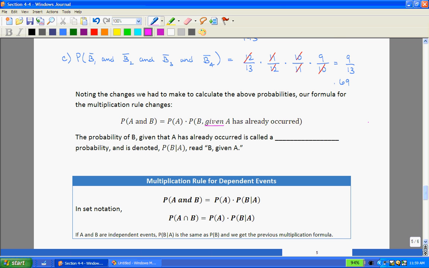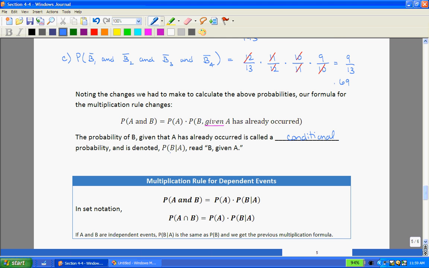So we're making that assumption, and that's how that second probability is changing. When we write it that way, the probability of B given that A has already occurred, that is called a conditional probability, because it's conditional on what happened in a previous event.